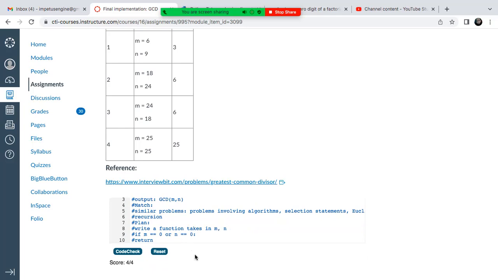If m equals 0 or n equals 0, we want to return the max of m and n. And then if m is greater than n, we want to learn what the algorithm is.